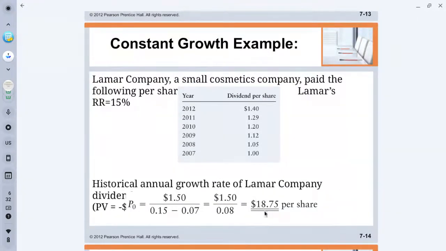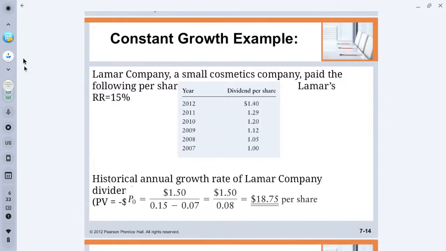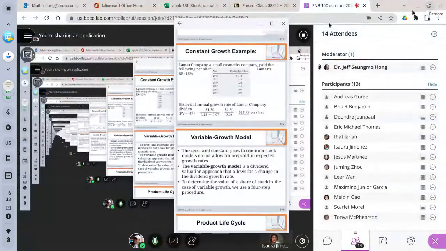And then we can forecast the dividend at time t plus 1, and using the Gordon Growth Model and plugging in these numbers, you come to 18.75. And I would like to show you actually, oh God, it takes too much time.